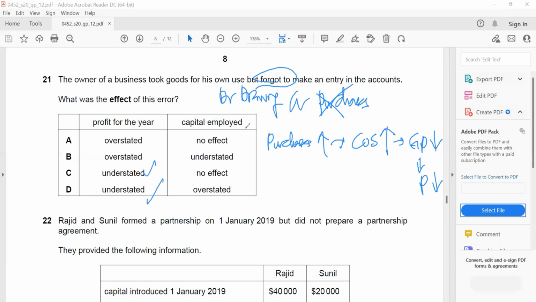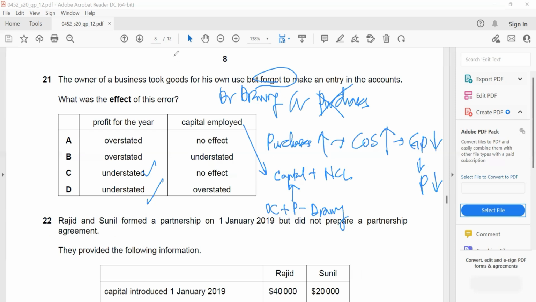Capital employed. Okay, capital employed, the component for it will be the capital plus non-current liability. So this capital is opening capital plus profit minus drawing. So this is the equation for the capital.